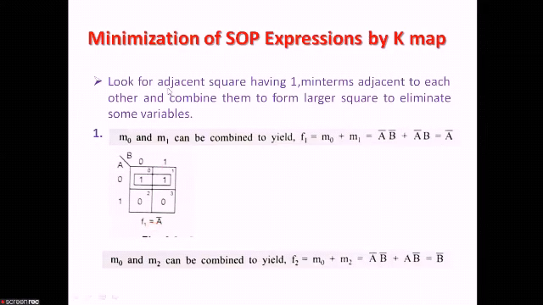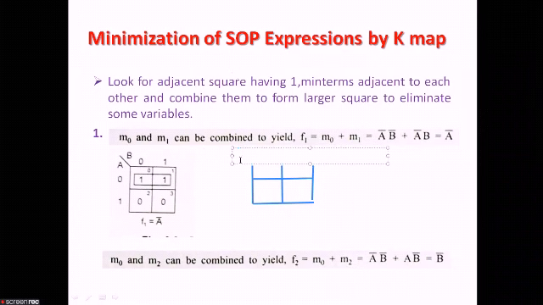Now we can show how to draw this one. Suppose I am drawing a K-map of two variables. I will be having 4 squares. Why? Because 2 to the power 2 is 4 squares. Now just write like this.